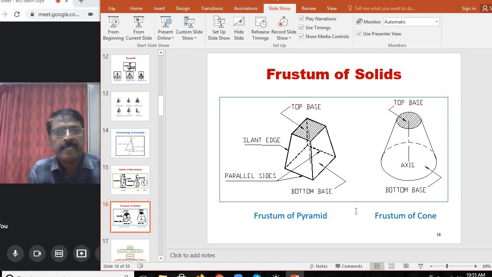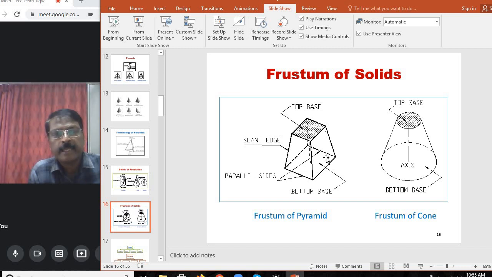In some engineering applications, a regular prism or regular pyramid is used. Sometimes some part of the solid is removed and the remaining part is considered as a product. So in such cases, what is called a frustum?